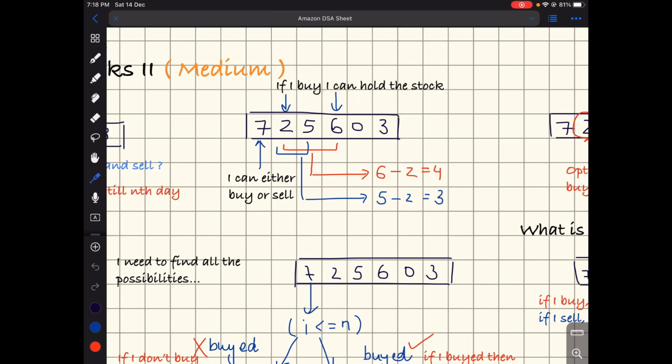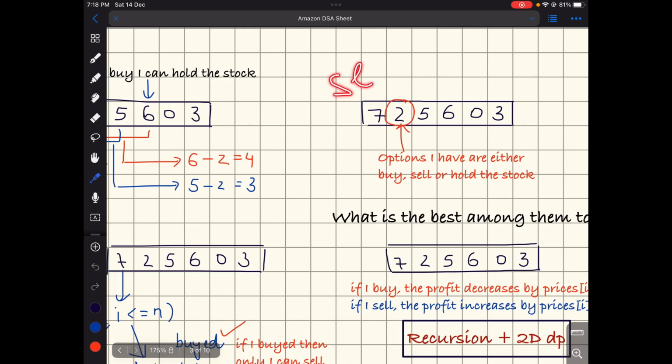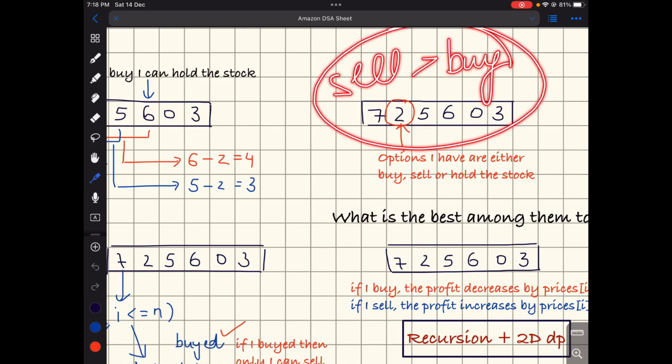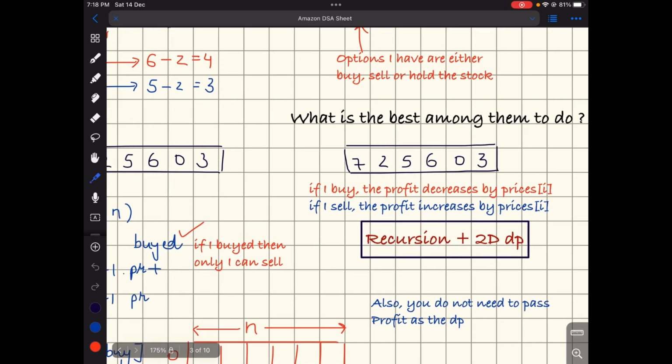Now, which operation do I need to perform to gain the maximum profit? The first thing is I need to make sure the selling price is greater than the buying price. Then only I'll be able to gain profit, right? Also, if I'm buying, the profit will decrease by a given amount, because you are spending money.